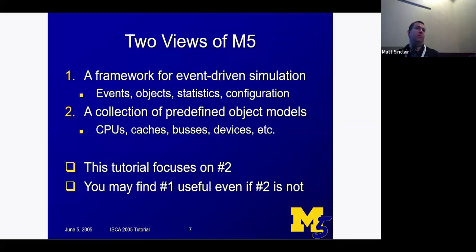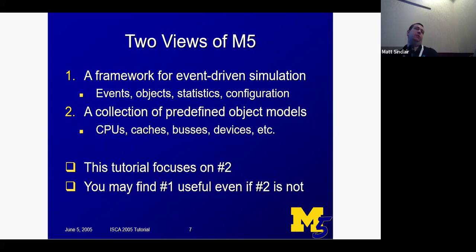And you can think of M5 two different ways, depending on how you'd like to view it. You can view it as a framework for event-driven simulation, where it takes events, objects, statistics, and configurations, and uses that to either pass information out or set up the system to model what you'd like it to model. Or you can think of it as a collection of predefined object models, things like CPUs, caches, buses, devices, and so on.